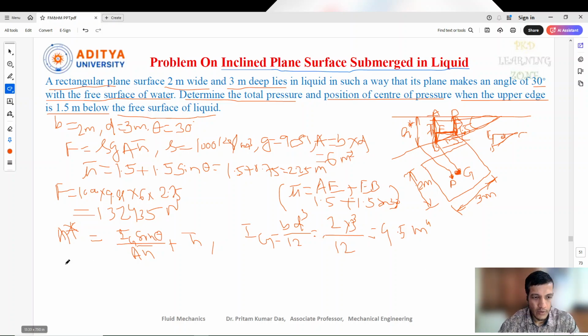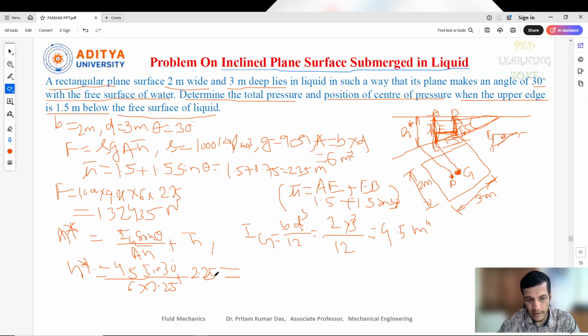Now we put the value of I G here to get the h star value. I G we got as 4.5, sine 30 degrees, divided by area 6 into h bar 2.25, plus 2.25.